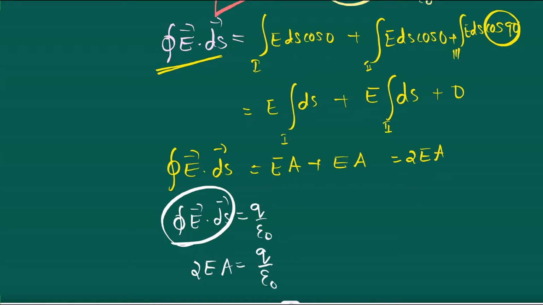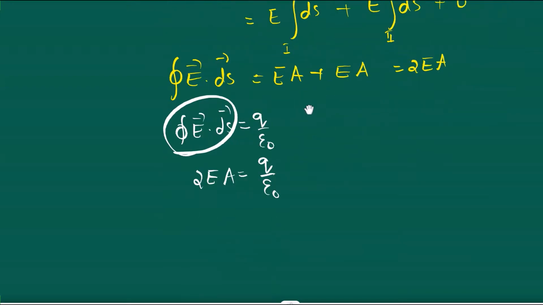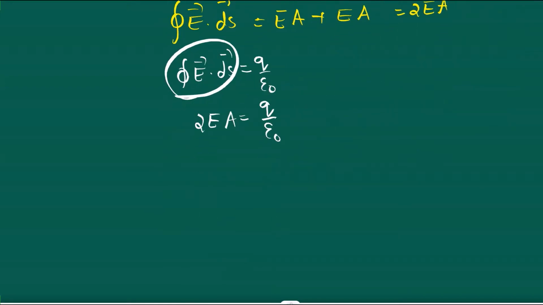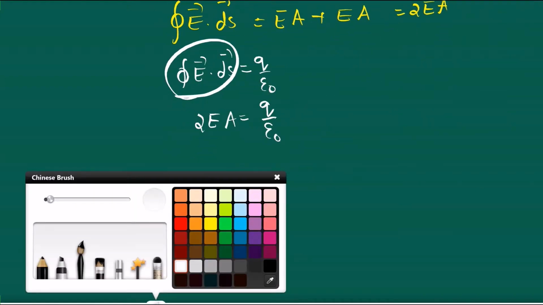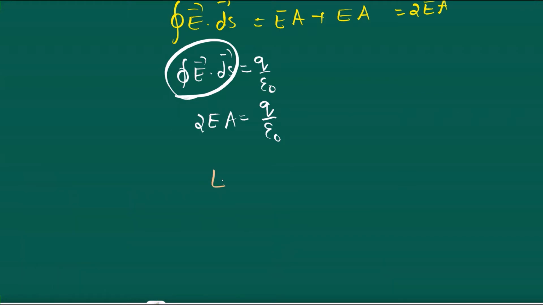From this we can calculate the electric field: E is equal to Q divided by 2 epsilon naught A.